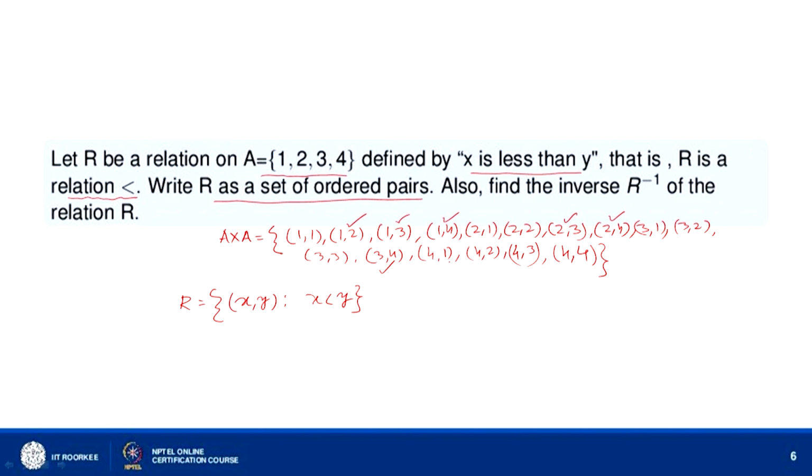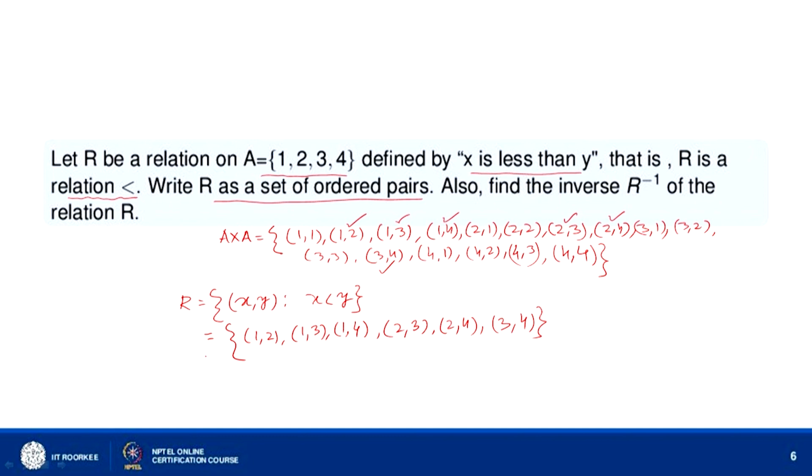So, R is equal to the set of ordered pairs (1, 2), (1, 3), (1, 4), (2, 3), (2, 4), and (3, 4), because in all these ordered pairs the first element is less than the second element. In all others this condition does not hold good.